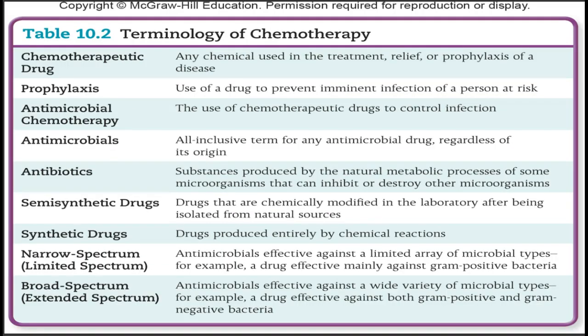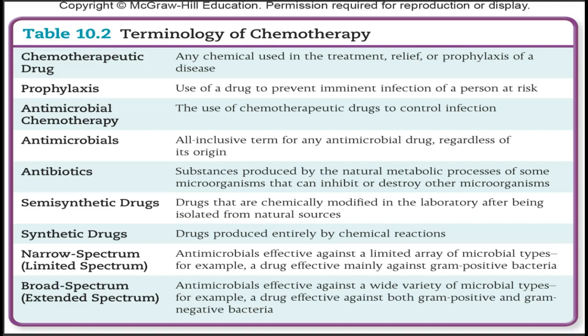When we talk about chemotherapy, there are a number of terms that we need to be familiar with when we're talking about chemicals that we're using as drugs to treat certain conditions. So a chemotherapeutic drug is any chemical that is used in the treatment, relief, or prophylaxis of a disease.